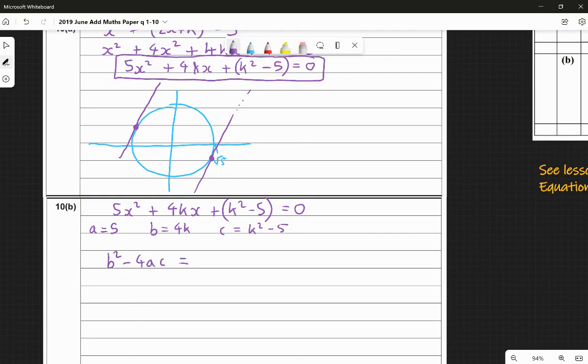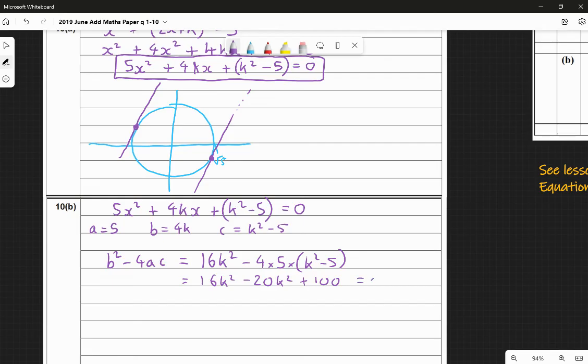That will equal b squared, 4k times itself, which is 16k squared, minus 4 times a times c. So that's minus 4 times 5 times (k squared minus 5). And that simplifies to 16k squared minus 20k squared plus 100, if you multiply that out correctly.